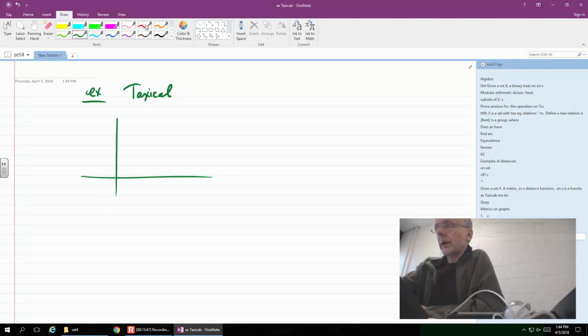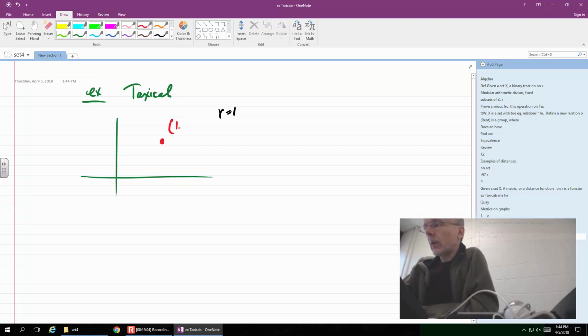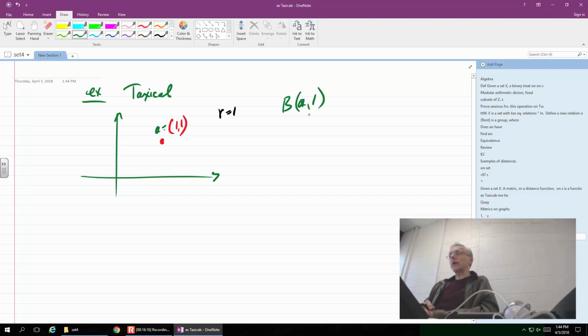Okay, so I pick point A here, and suppose let's pick r equal 1. So I want to measure distances, but I don't measure by straight line anymore. I measure it like this. Well, let's make it specific. Why make it more abstract than it has to be? How about I pick the point (1,1) on the xy plane, and I'm talking about an open ball of radius 1 around this point A.